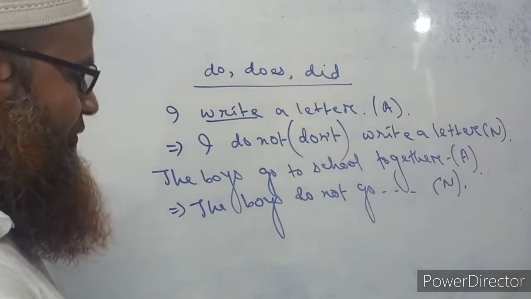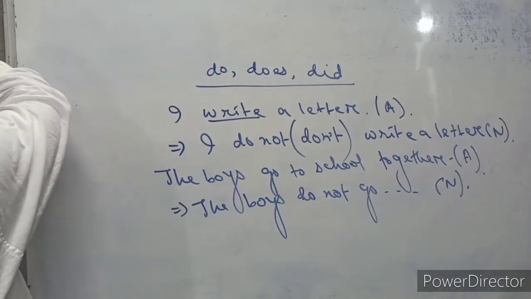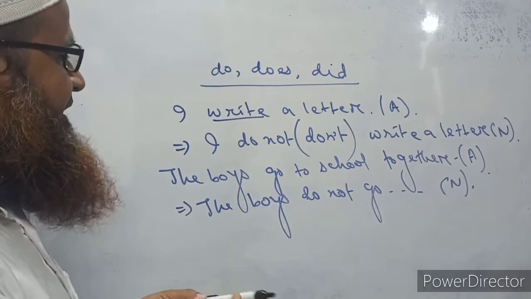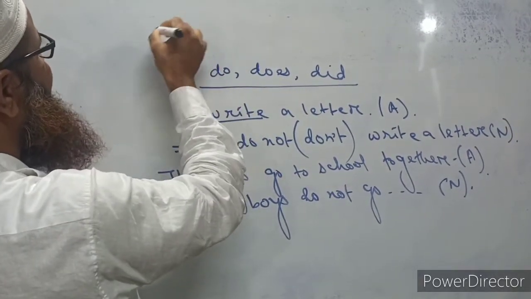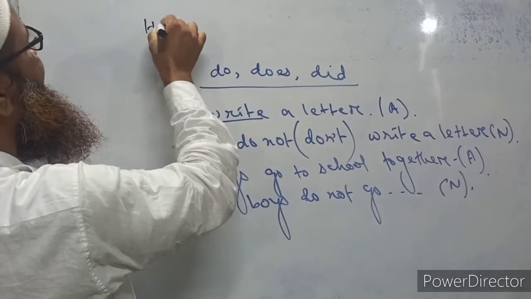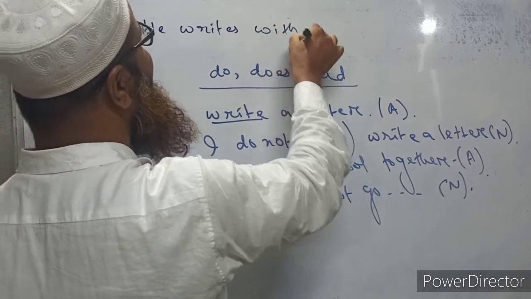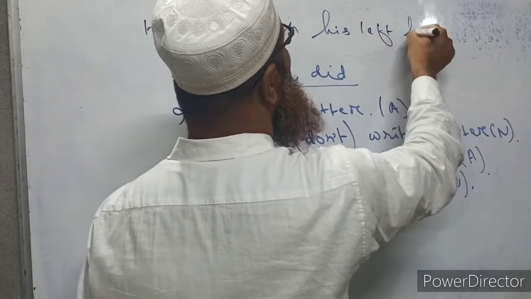But we will take the help of does when there is s or es with the verb. Here I am writing a sentence. He writes with his left hand.